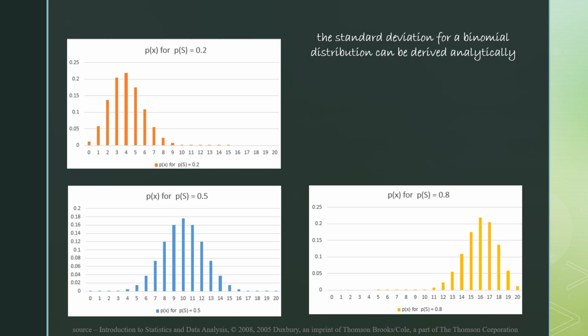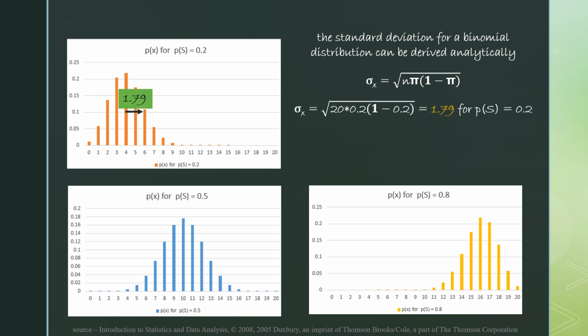Similarly, the standard deviation for a binomial distribution can be derived analytically as sigma of x equals square root of n multiplied by pi multiplied by 1 minus pi. Accordingly, sigma of x equals square root of 20 multiplied by 0.2 multiplied by 1 minus 0.2, which equals 1.79, for probability of success equals 0.2.